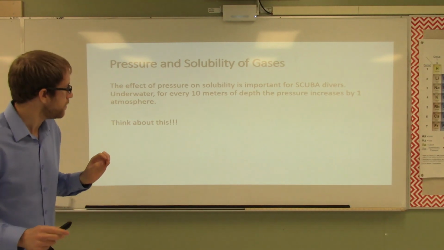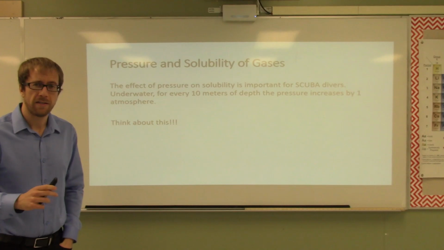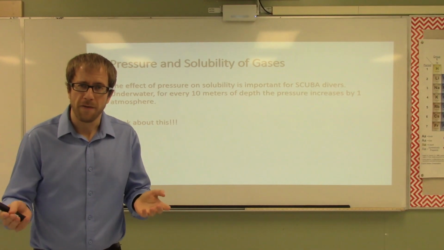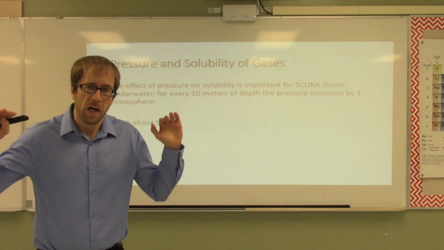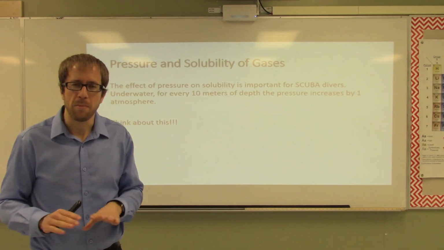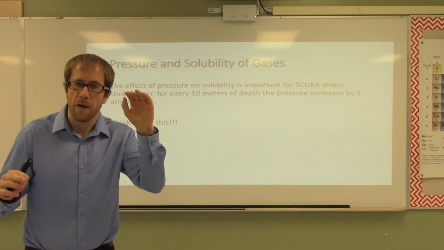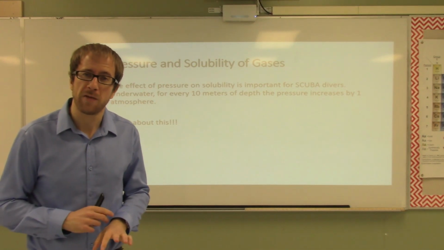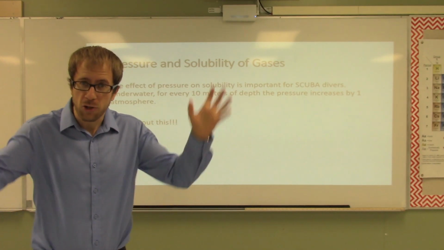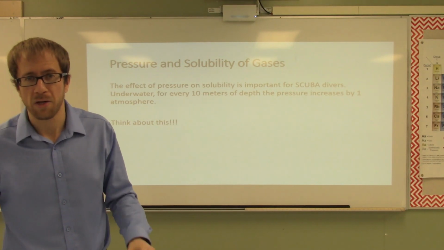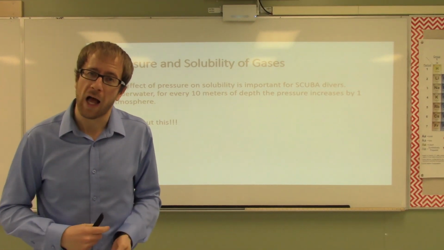So, to get you started thinking about it, when you are diving in any body of water, if you go down 10 meters, that increases the pressure by 1 atmosphere. So if I went down 20 meters, that would be 2 atmospheres of pressure in addition to the 1 atmosphere I'm already feeling. If I go down 30 meters, that's 3 additional atmospheres of pressure.